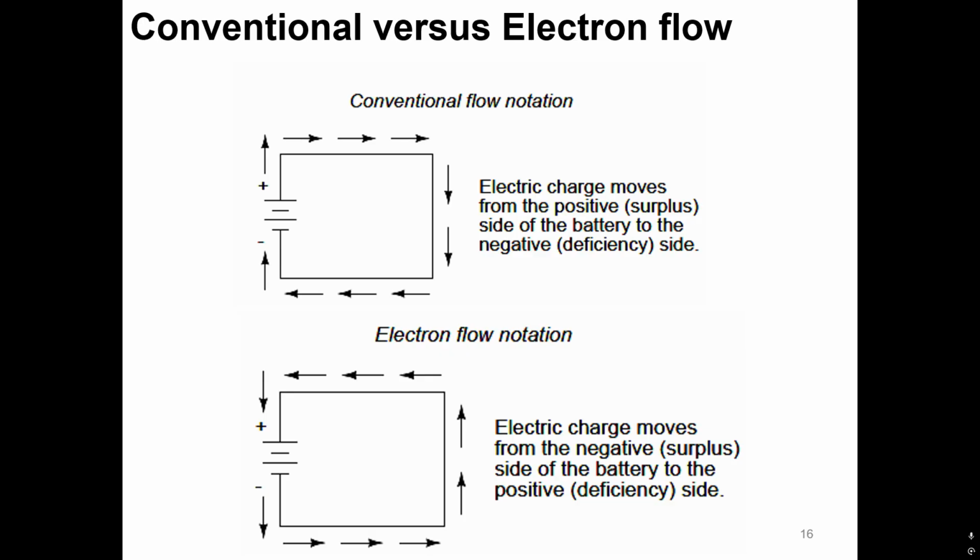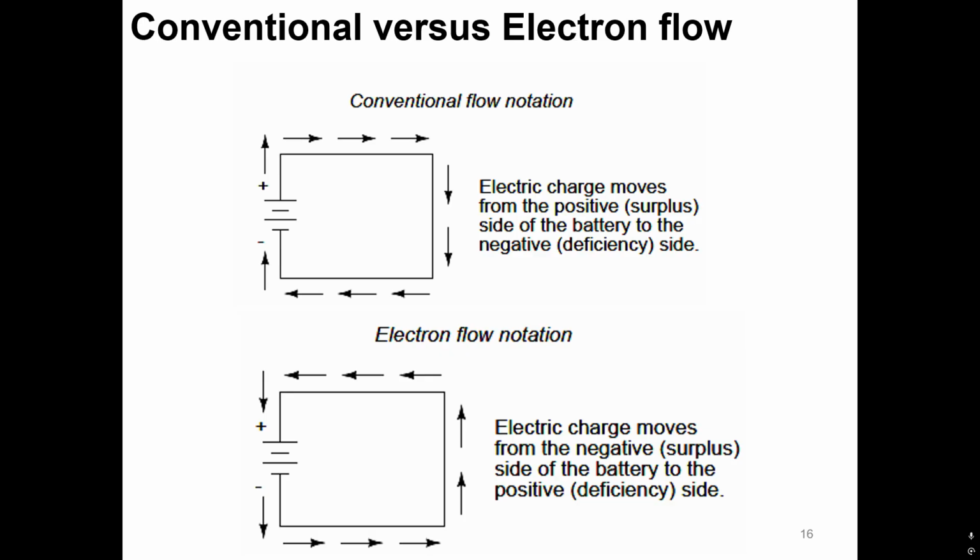So they assumed that current always starts at the positive terminal and it will reach the negative terminal. So with that assumption, they created all the laws, rules, theorems, etc.